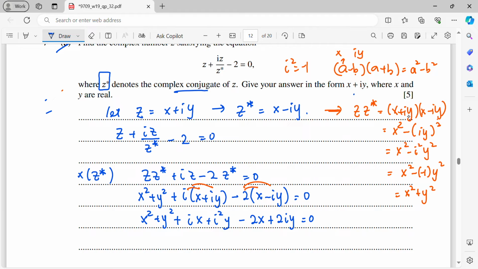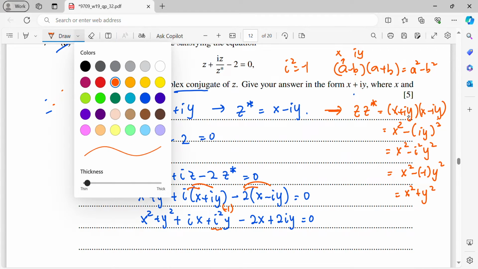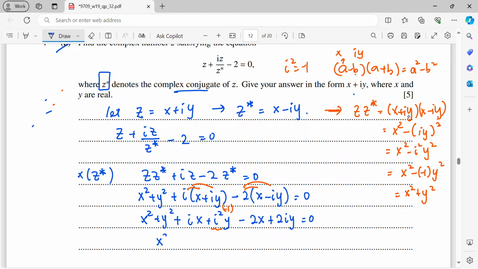Now for your information, i squared is minus 1, so here I will change this to minus 1. And then I rewrite now. It will be x squared plus y squared plus ix, then this is minus y minus 2x plus 2iy equals to 0.